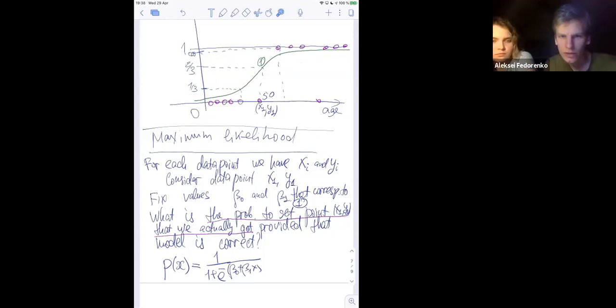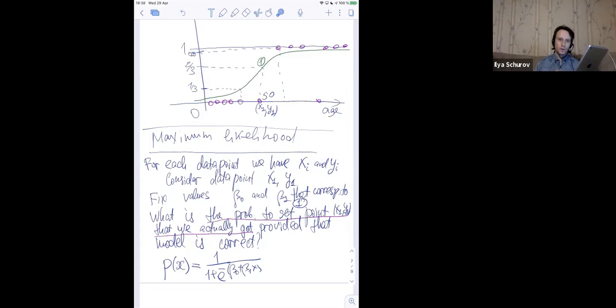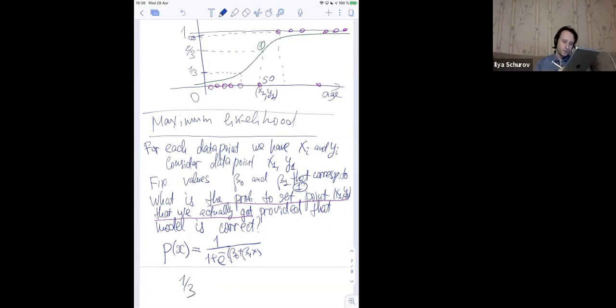Any suggestions? 2 divided by 3, isn't it? 2 divided by 3 and 1 divided by 3. There are two suggestions. Are there any other suggestions? Okay, not so many numbers on the graph that we can start with. So it probably has to be either 1 over 3 or 2 over 3. So what is the final answer?